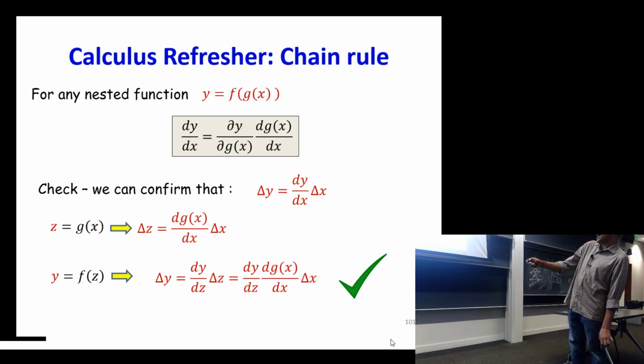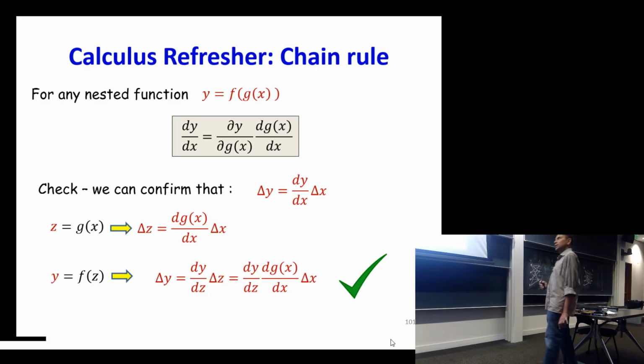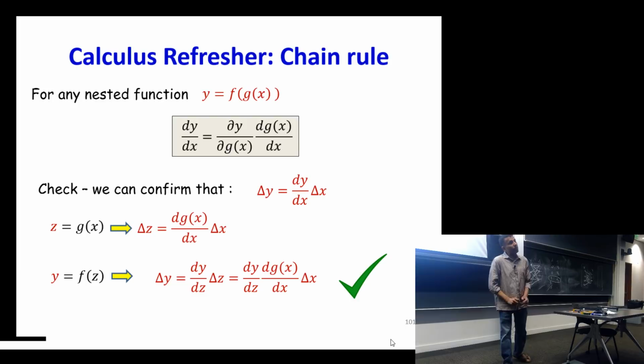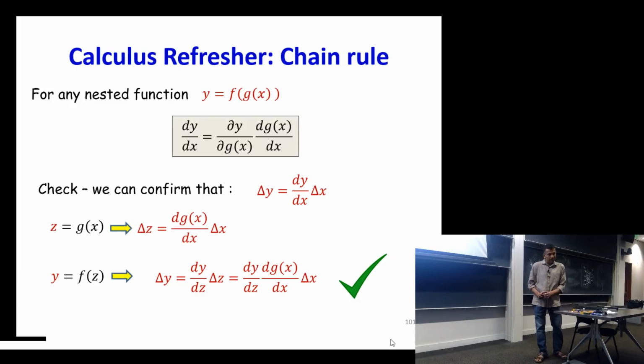Then dy over dx is dy over dg of x times dg of x over dx. This is what you've learned in school. Let's see if this can be worked out using the basic definition of derivatives. If the definition of derivatives holds, then delta y must be the derivative times delta x. First, let me start off by saying z equals g of x. So y equals f of z, correct?